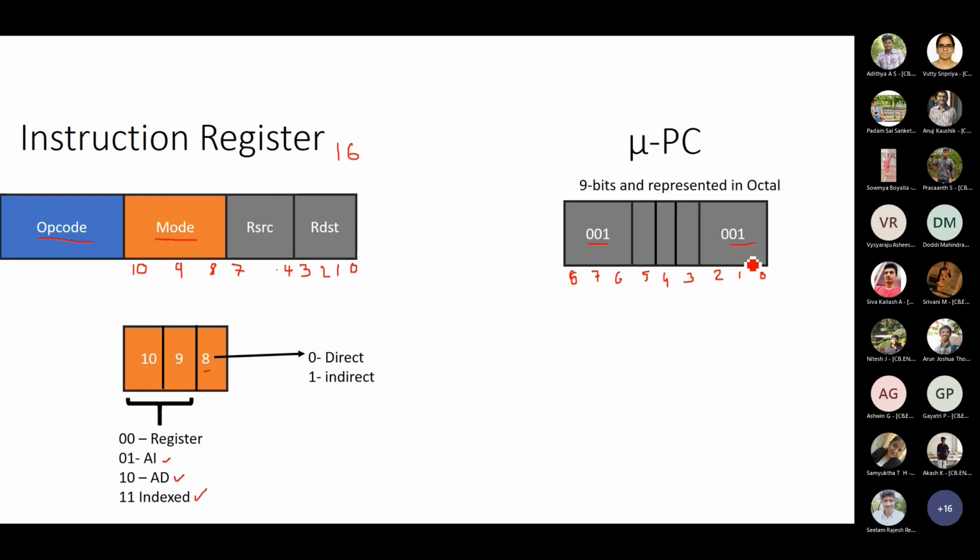Now, if you take any micro instruction, you have been writing micro instructions for a lot of different types of instructions, accessing from memory or direct operations or branch operations, etc. You might have observed that the first 3 micro instructions are common for any type of micro program, whether it is add, subtract, direct, indirect, no matter what.